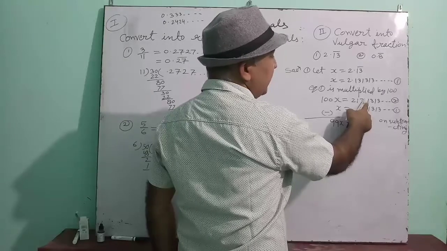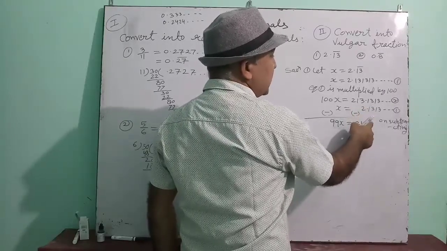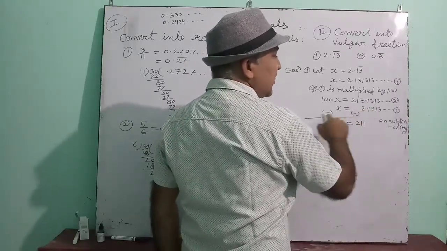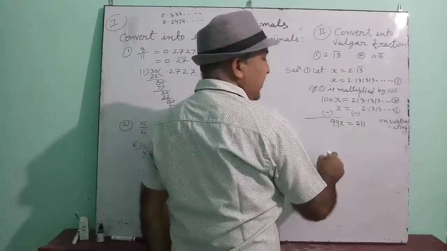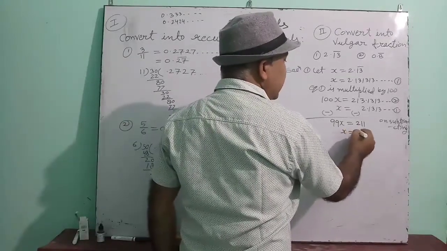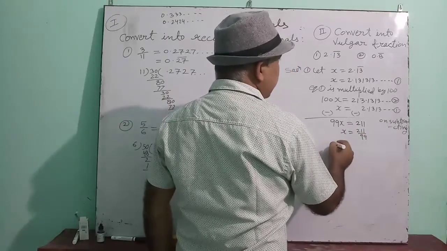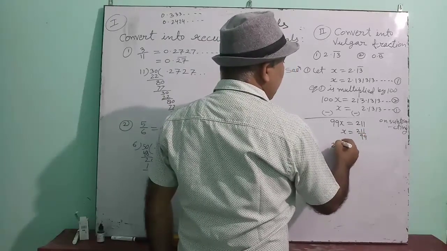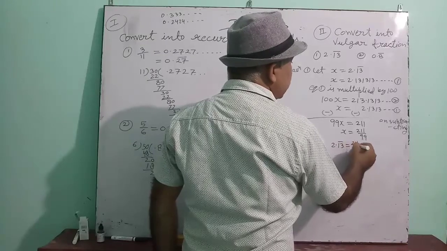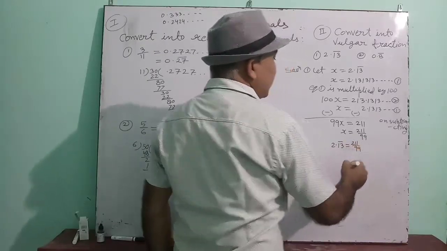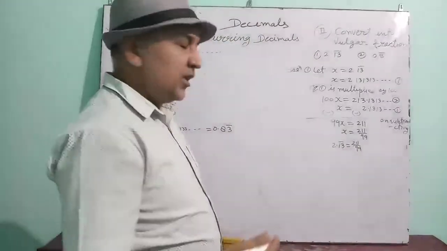After the decimal, 1 minus 1 is 0, 3 minus 3 is 0, 1 minus 1 is 0, so there is no need to write anything after the decimal. So x is equal to 211 upon 99, which means 2.13 bar is equal to 211 upon 99.